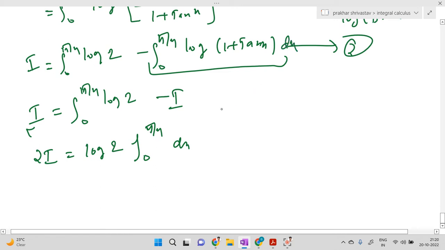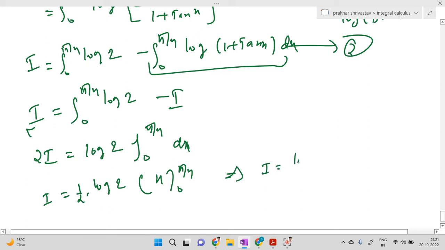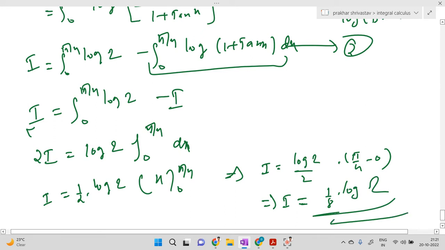तो ये हो जाएगा 2I is equals to x into log 2, limits 0 to pi by 4, ठीक है। That implies I equals to log 2 by 2 into pi by 4 minus 0, that implies I equals pi by 8 log 2.